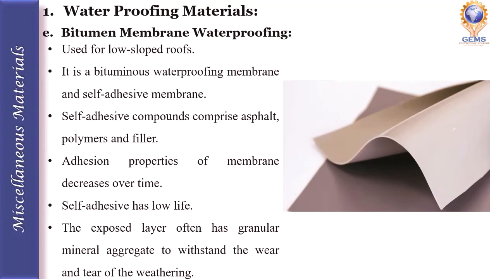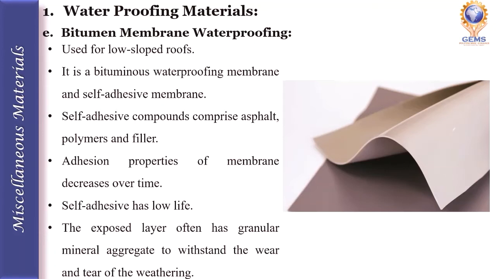The fifth material is bitumen membrane waterproofing. This is a popular method used for low sloped roofs due to its proven performance. It is a waterproofing membrane and a self-adhesive membrane. The self-adhesive compounds comprise asphalt, polymer, and filler. Additionally, certain resins and oils may be added to improve adhesive characteristics.